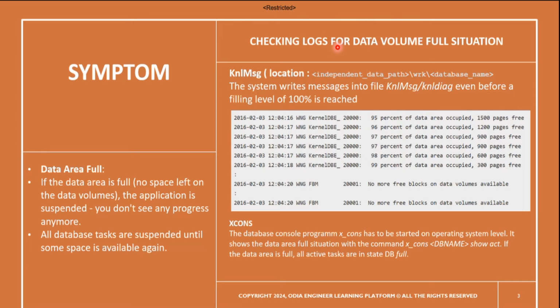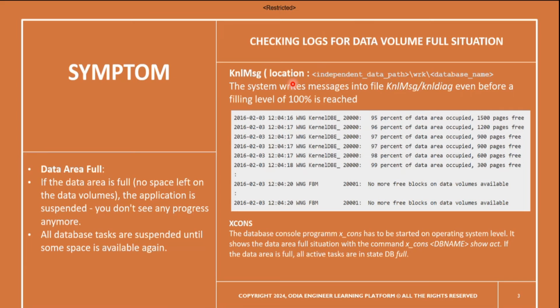Always look at the R3trans -d option. In R3trans -d, you will see the dispatcher is yellow because it won't give you the connection, and you will get error code 12. It means your database is unable to connect to your application. You can check the trans.log file and see the information about the error there, or check the SAP work process list and see that the dispatcher is yellow.